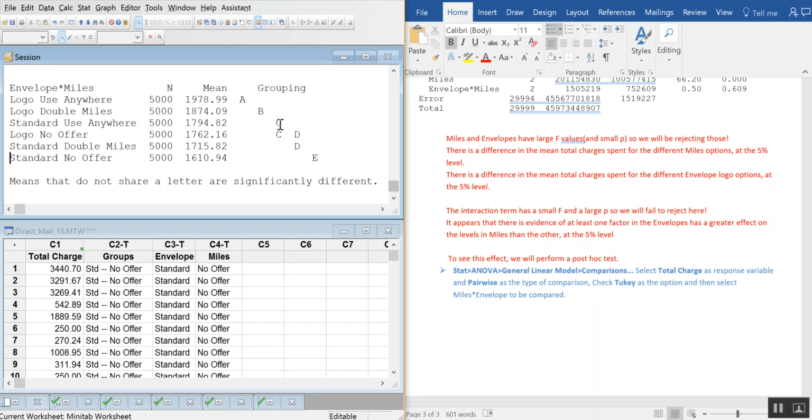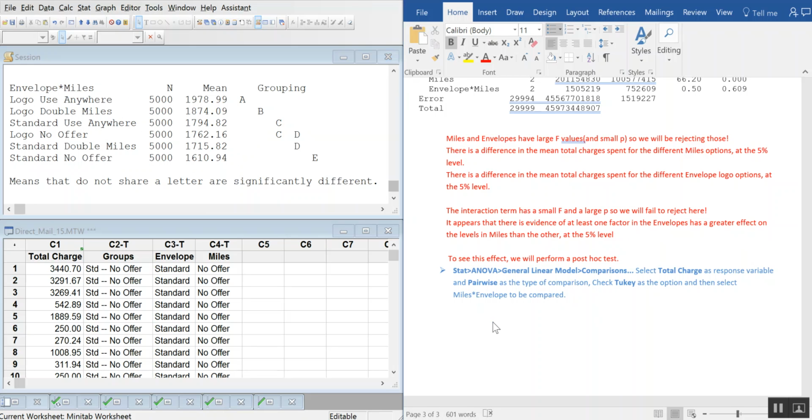Since these share a letter C, the standard use anywhere is very similar to logo no offer. And then since these two share a letter, we also can say that logo no offer is similar to standard double miles. However, it appears that logo use anywhere and logo double miles behave differently, and standard no offer behaves the worst. So, fancier envelope does make a huge difference because if you notice, all these logos are near the top, and use anywhere miles definitely beats out everybody else.